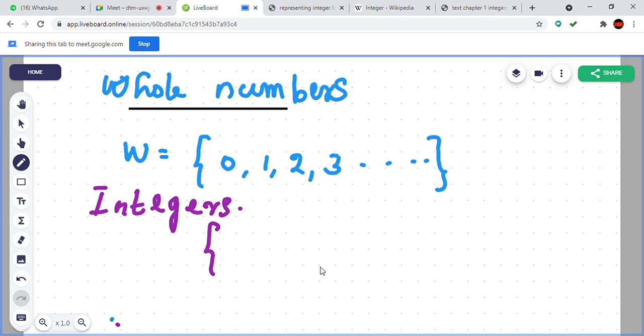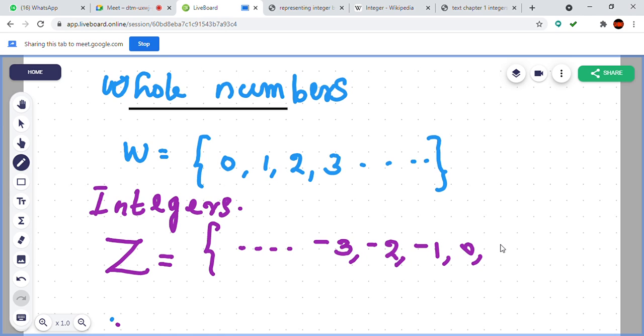So we can represent this way. Just below you write: normally the integers are represented by the letter Z. So you write Z is equal to, first you give some etc. symbol, then we can write -3, -2, -1, 0, 1, 2, 3, etc.